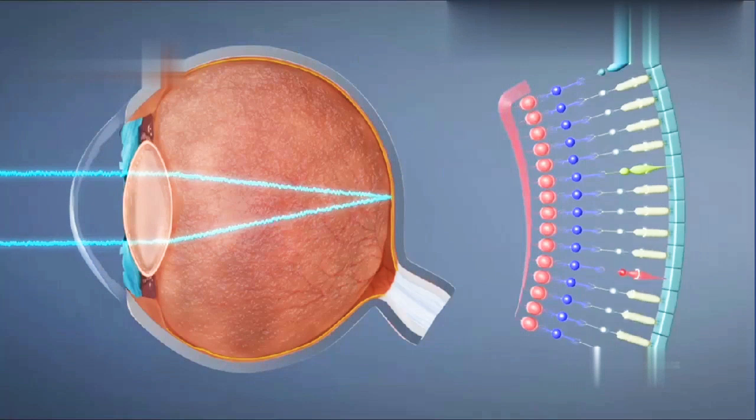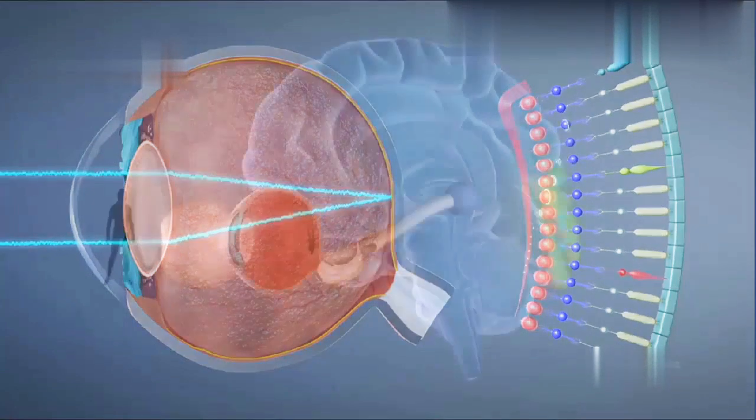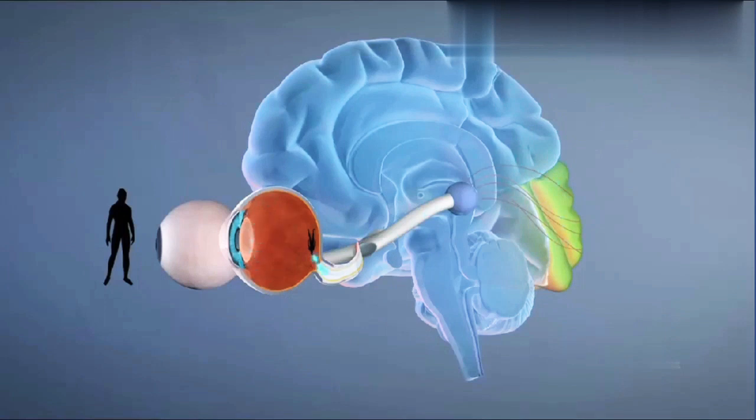In the retina, light impulses will be converted to electrical signals. These signals will be transmitted through the optic nerve to the visual center of the brain in the occipital lobe. The brain will translate these electrical signals into an upright image.